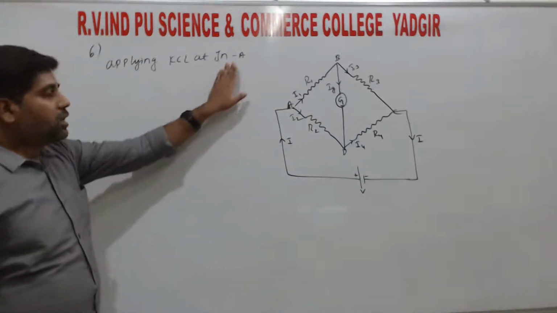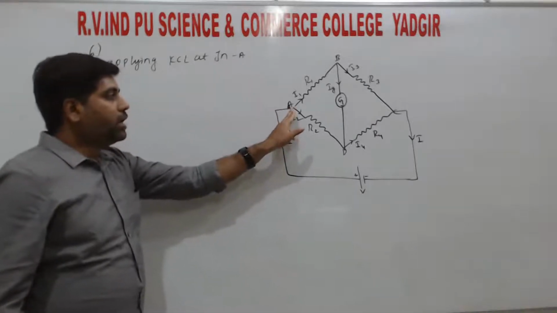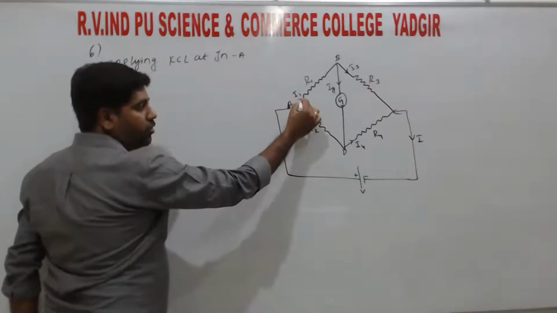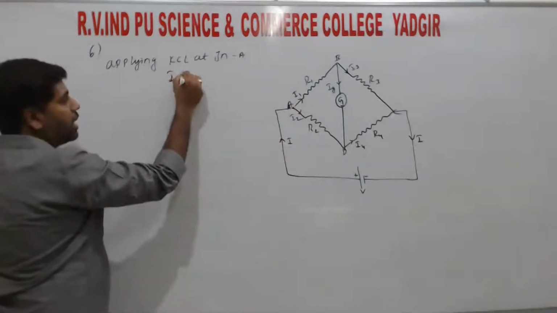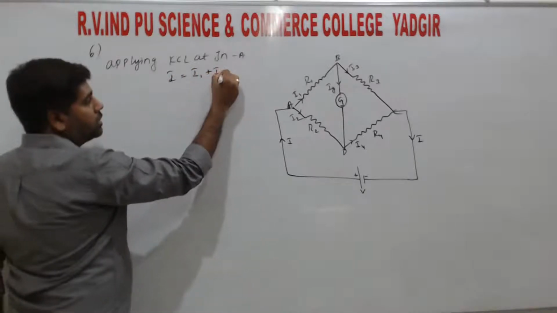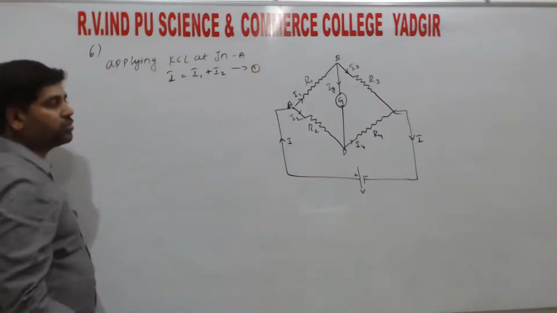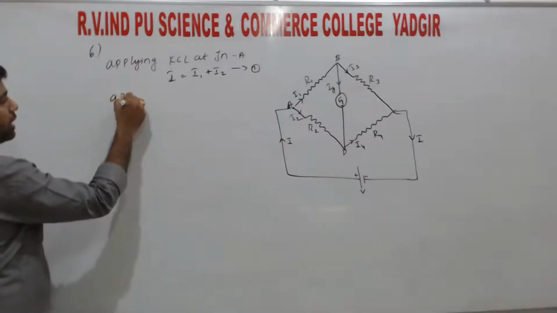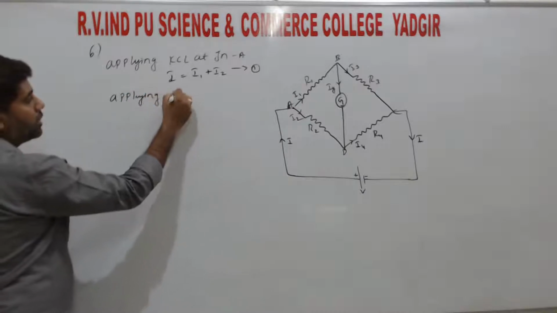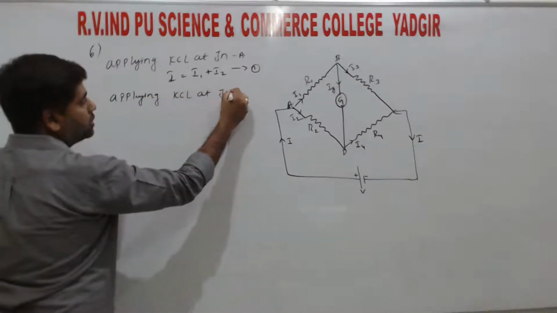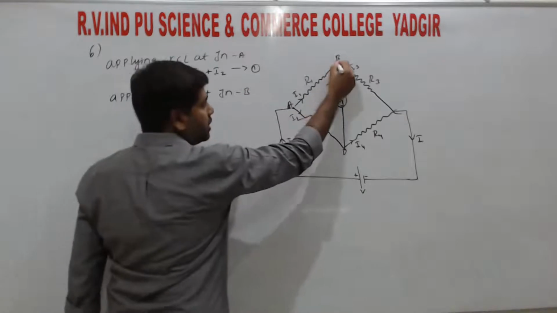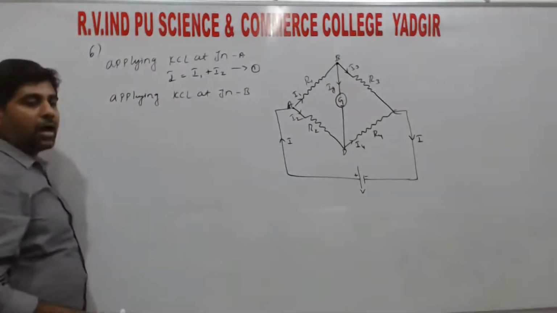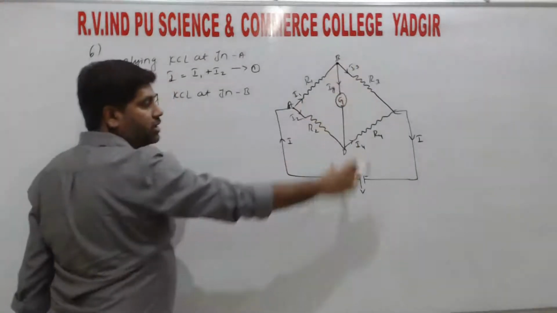Applying Kirchhoff's current law at junction A, the current I divides into two, so we can write I equals I1 plus I2. Calling this the first equation, right? Next, applying Kirchhoff's current law at junction B: I1 is going in, and IG and I3 are leaving the junction.